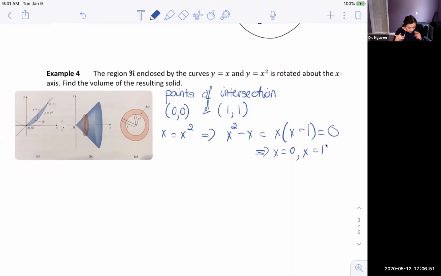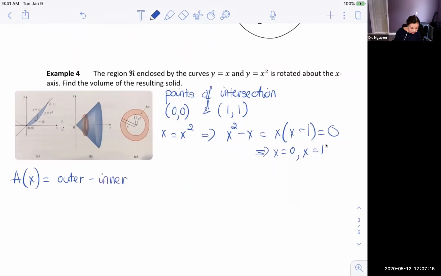Anyway, now notice that the cross-sectional area is going to be the area of the outer circle minus the inner circle. So outer minus the inner.